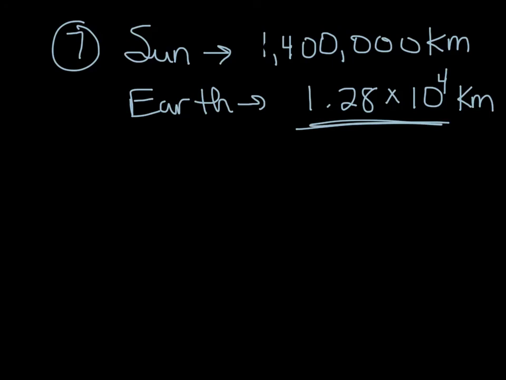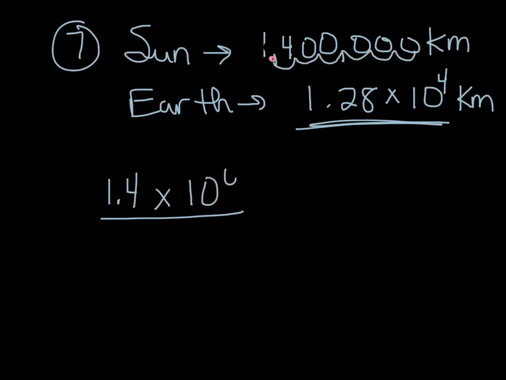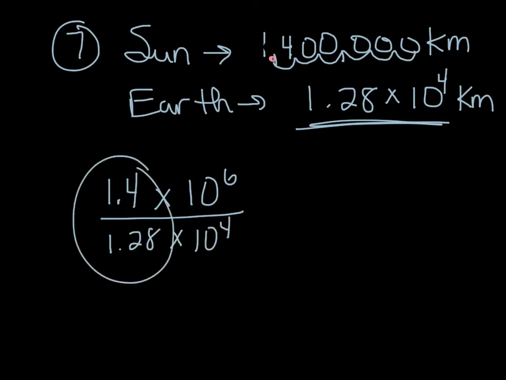But I'm going to change the sun to scientific notation. So I'm going to move my decimal right here between 1 and 4, so 1.4 times 1, 2, 3, 4, 5, 6. Sun is bigger, so 1.4 times 10 to the 6th divided by 1.28 times 10 to the 4th. I divide my factors. 1.4 divided by 1.28.